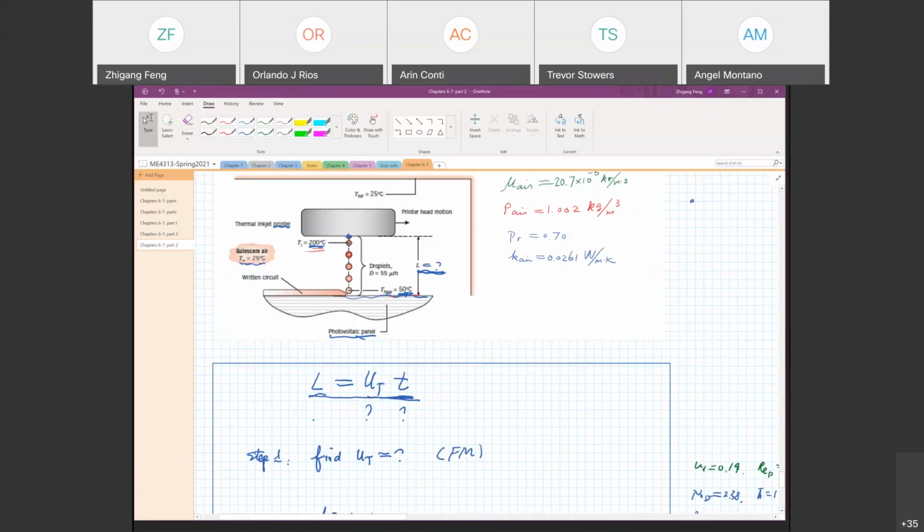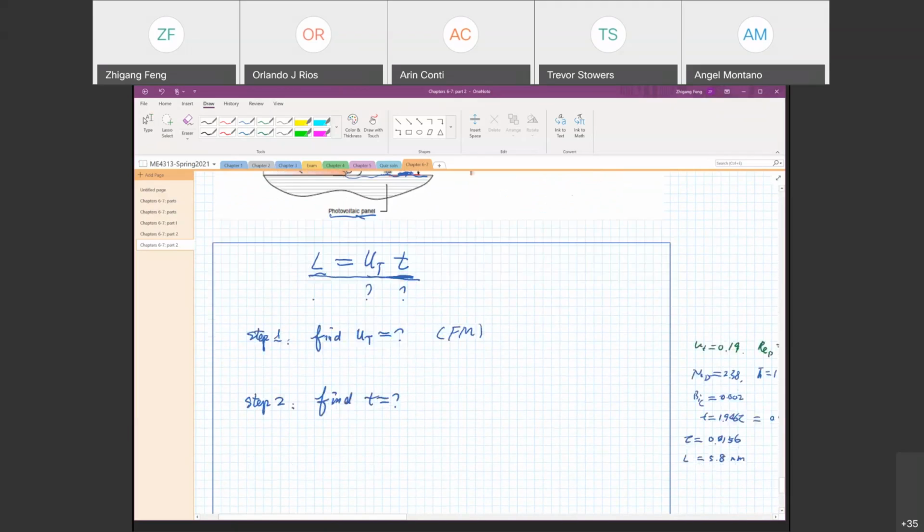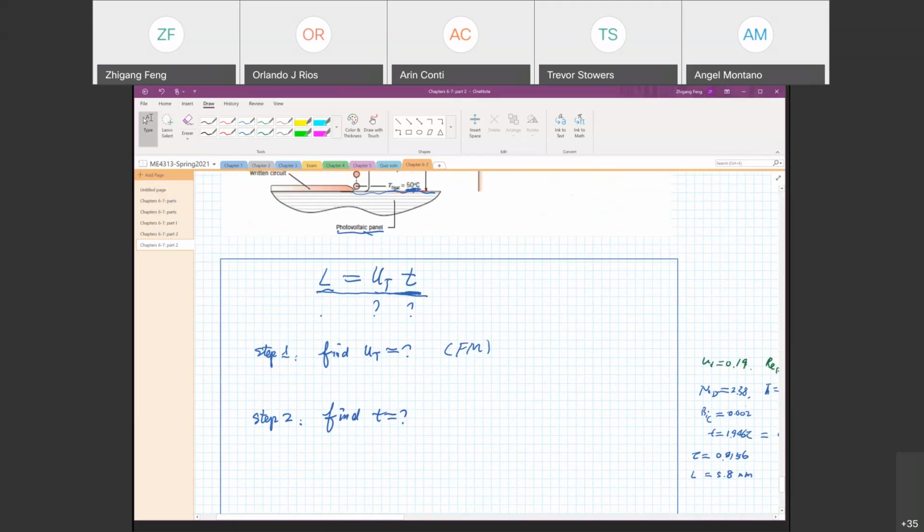The droplet initially had a temperature of 200, and finally its temperature became 50. The time will control the temperature. So if we know the temperature, then we can determine the time. In some other situation, if we know the time, we can determine the final temperature. But for our example here, we know the final temperature, so we should be able to determine the time.